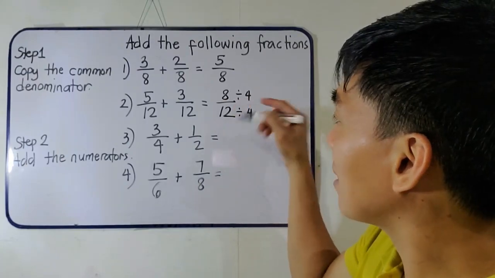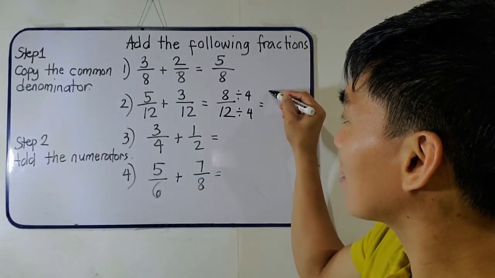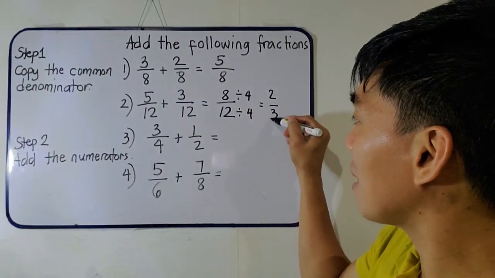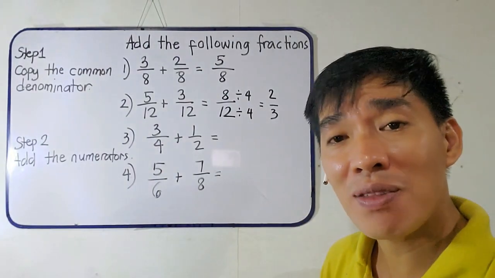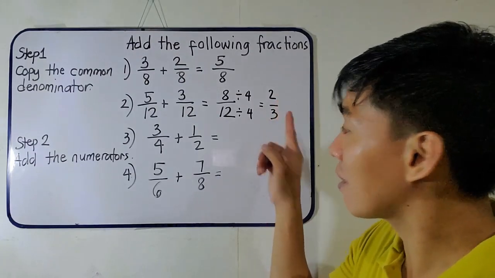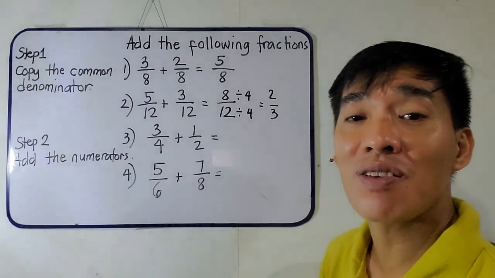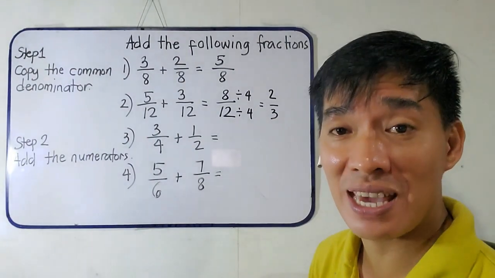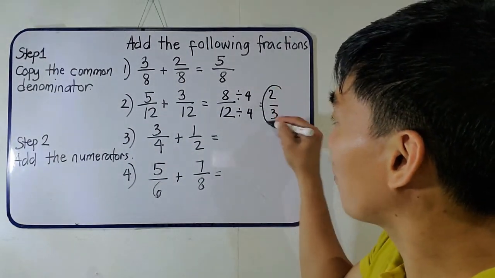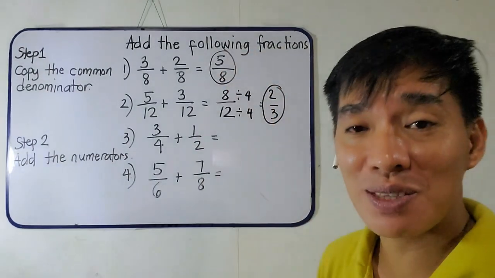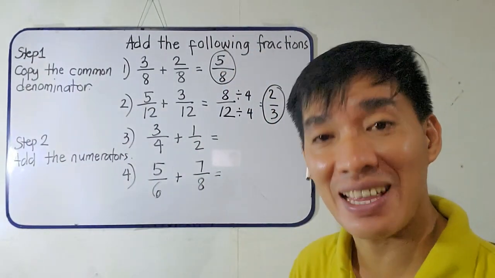So, 8 divided by 4, the answer is 2, while 12 divided by 4 is equal to 3. So, is there another number that could divide both 2 and 3? No more, because 2 and 3 are relatively prime, or their GCF is 1. Therefore, this is already in the simplest form. Same with number 1, this is already in the simplest form, so that's already our final answer.